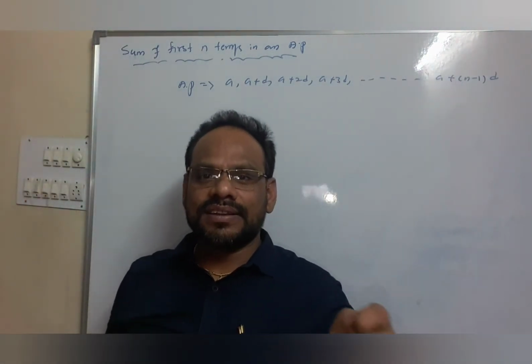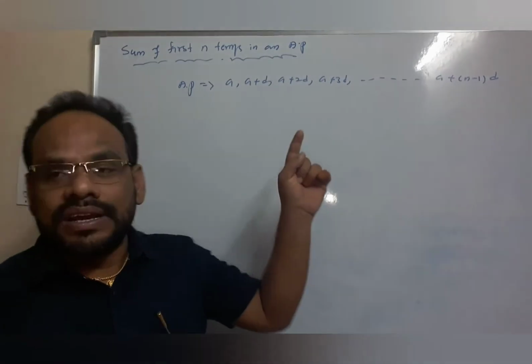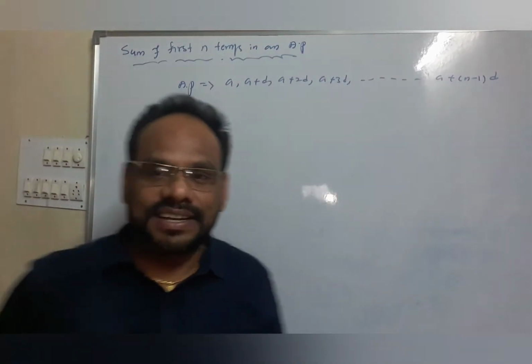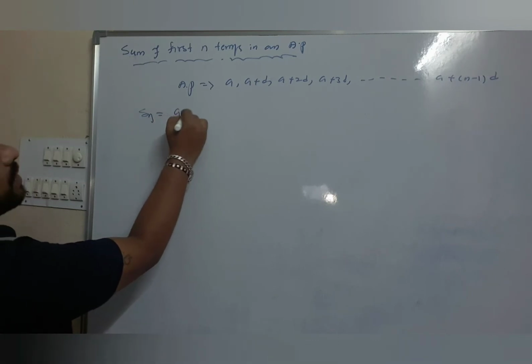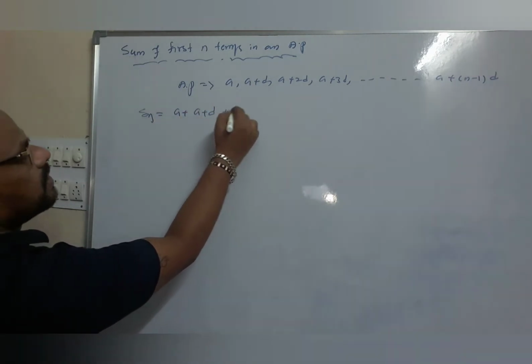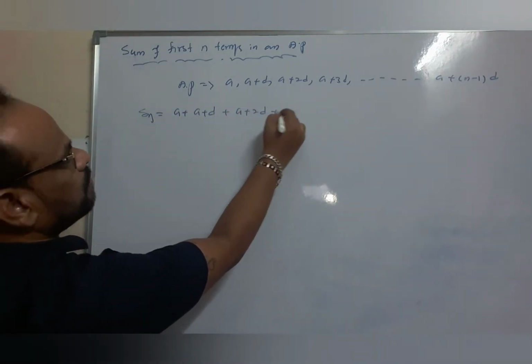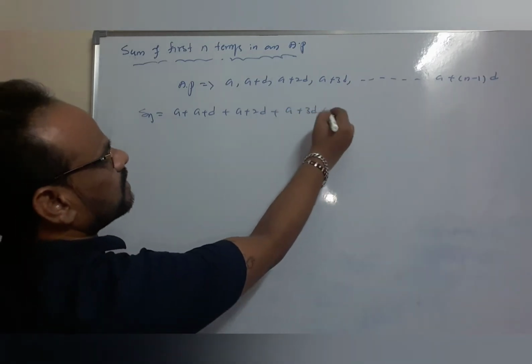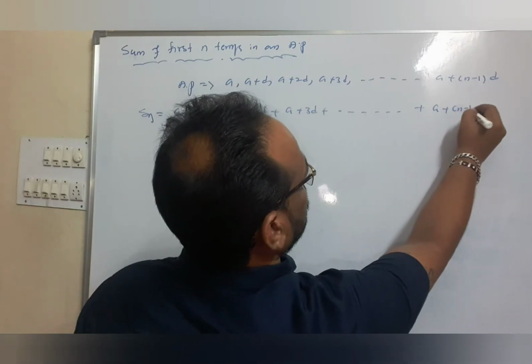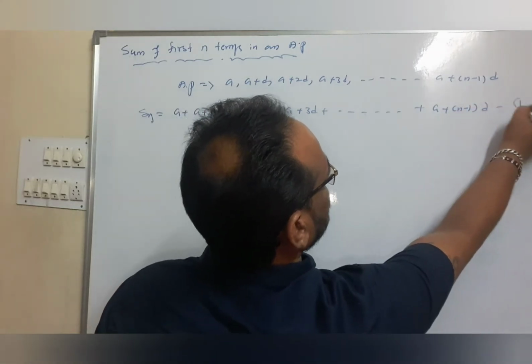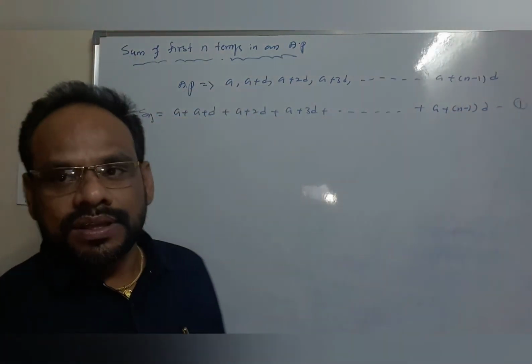The sum of first n terms is denoted by Sn. Sn is equal to A plus D plus A plus 2D plus A plus 3D plus and so on, A plus n minus 1 into D. This is equation number 1.